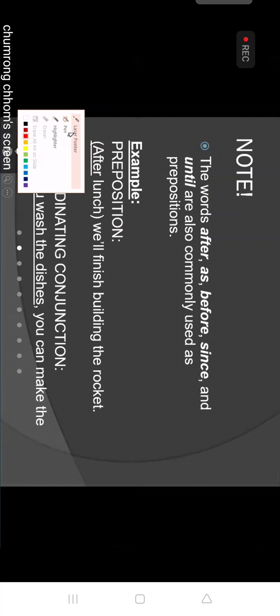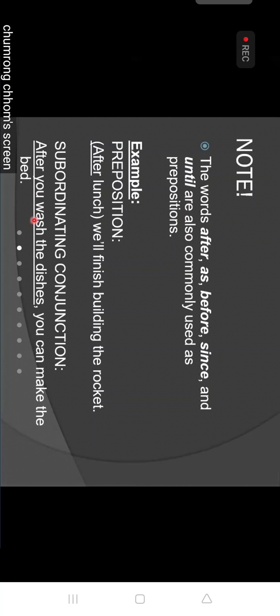Yes, plus a clause. That's why when we find a clause like this, we call it a conjunction. So if it is with a noun, we call it a preposition. If they are used with a clause or with a sentence, this is called what? Conjunction. So this is not an adverb clause, but this is an adverb clause that we use with a subordinating conjunction.